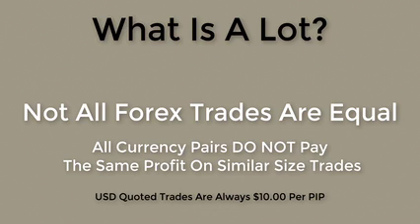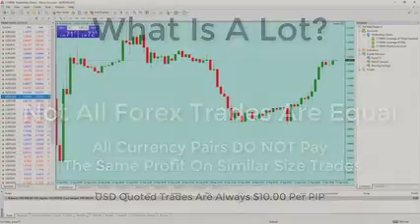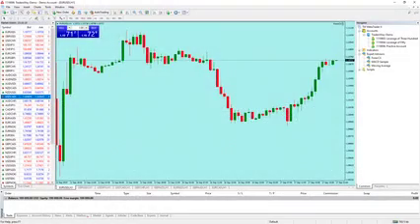So let me give you some examples. I want to hop on my screen here, and I'm going to show you through MT4 what some of these trades look like, because it's important that you understand what I'm talking about when we're talking about trades, and that all trades are not equal. Now, this right here, guys, is MT4.